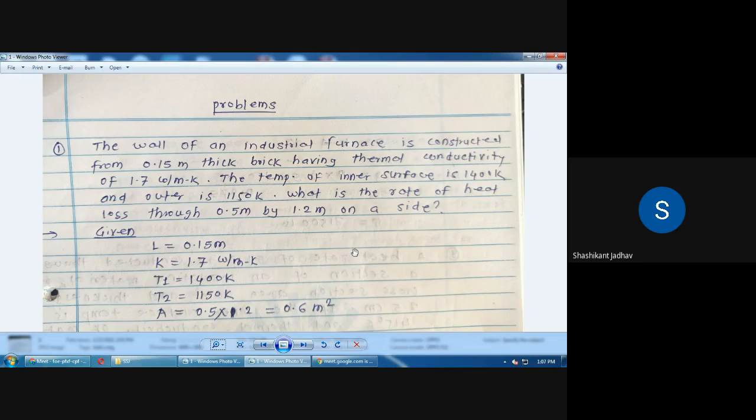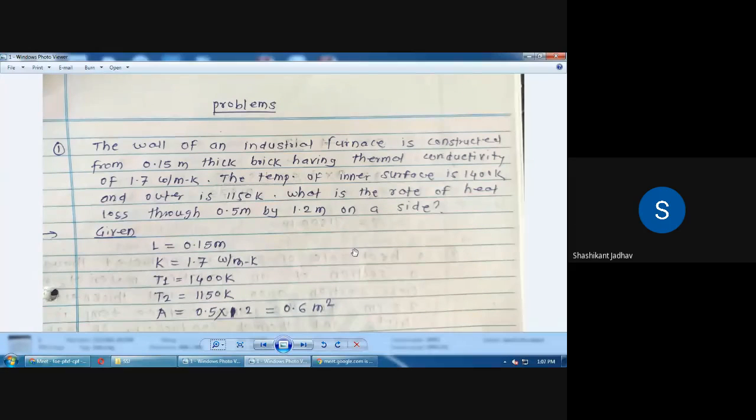When we have taken the negative sign, at that time dt is equal to T2 minus T1. But if we have not taken the negative sign in the equation, then dt is nothing but T1 minus T2. So instead of dt, we have to put T1 minus T2 divided by the thickness of that particular brick.